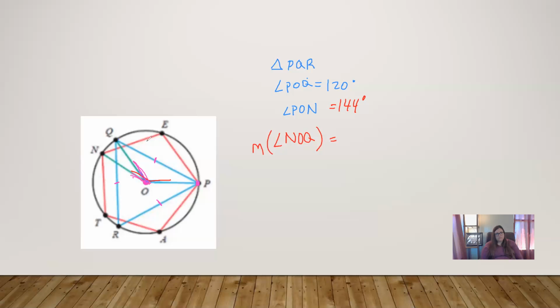This angle right here, this little angle. So we found out angle PON, and we found out angle POQ.